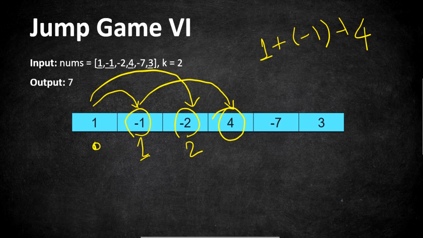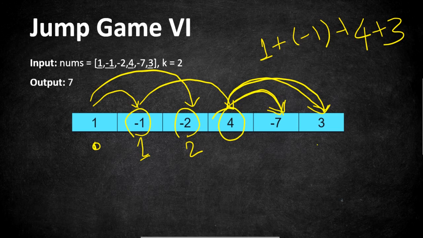Now from 4, I again have two options: land on minus 7 or 3. If we land on minus 7, we go into negative, and from minus 7 if we land on 3, it is again going to stay negative. But if we land directly from 4 to the last index, we add plus 3 to our score. So the overall score becomes 7, and that is going to be our output.